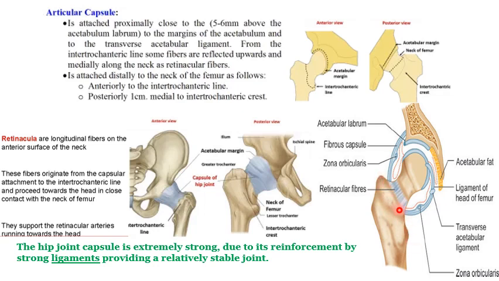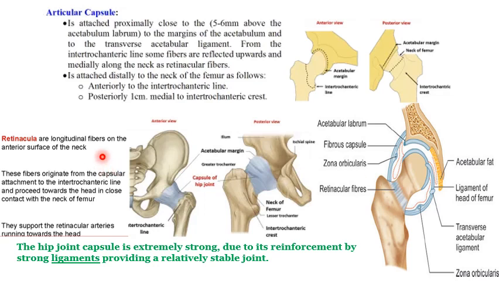So from the intertrochanteric line, a few of the fibers of the capsule are reflected medially onto the neck, beneath the synovial membrane. They are called retinacular fibers. So what are these retinacular fibers and what is the importance?